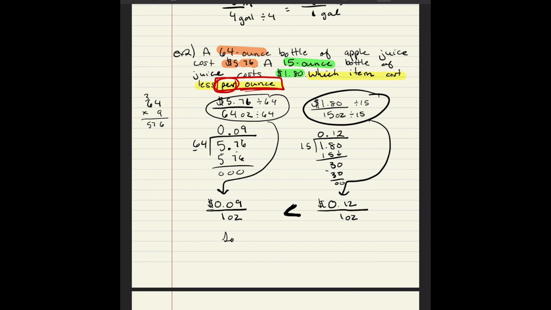So the 64-ounce bottle of juice costs less per ounce because 9 cents is less than 12 cents. And it costs 9 cents for every 1 ounce.